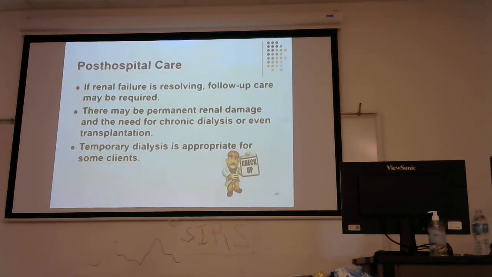So post-operatively, these patients sometimes go home still on temporary dialysis, and they have to come back and be dialyzed every 3 days, 3 times a week. Some of these patients go home, they're fine, never have any more problems. Some of these patients, though, will end up with end-stage renal disease because they've had too much damage, and they end up on dialysis.